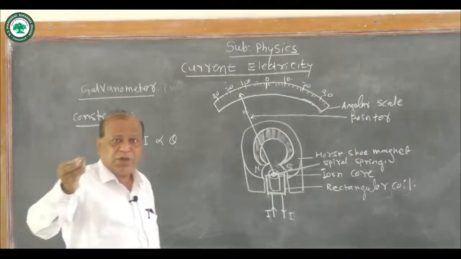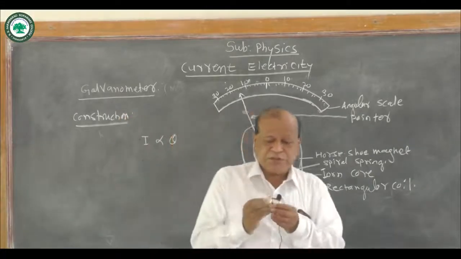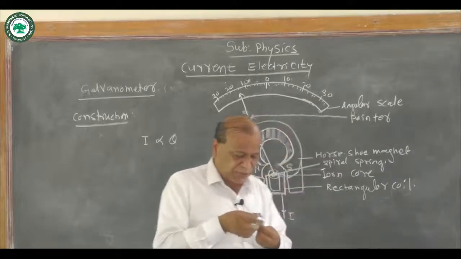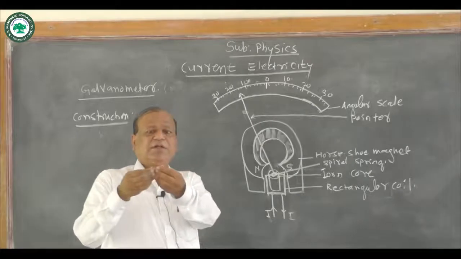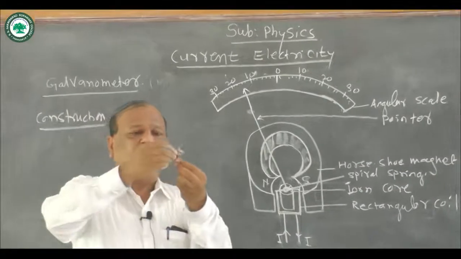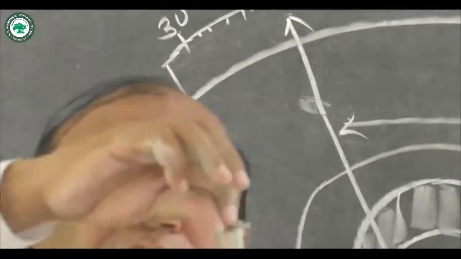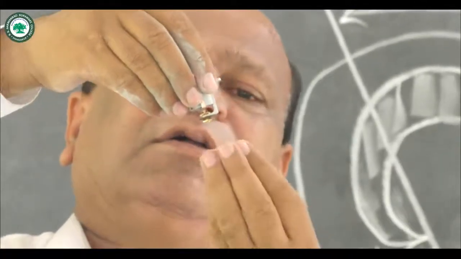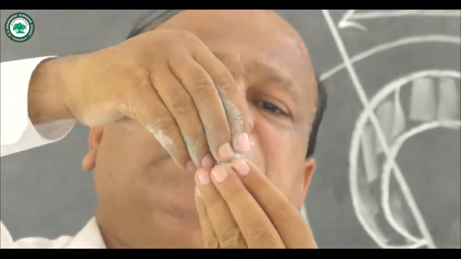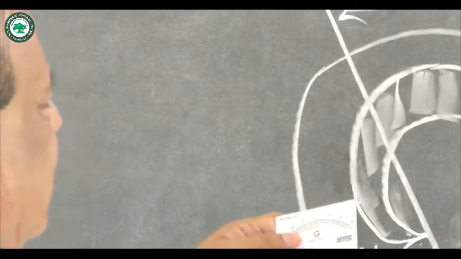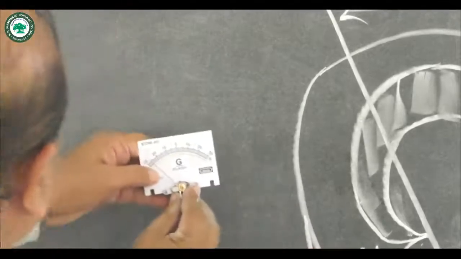Actually, this is the inner part of this galvanometer. See here, this is the rectangular coil, and here are the horseshoe magnets, and now the scale is fitted here, and see this galvanometer.